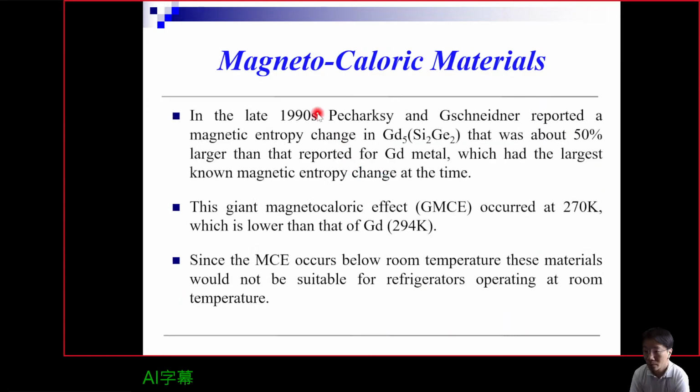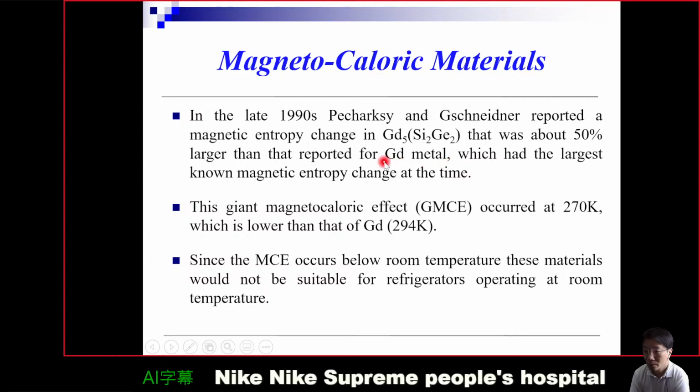So here is some history of the magnetocaloric material. In the late 1990s, these two guys reported that the magnetic entropy change in this sample is 50% larger than that reported for the gadolinium material.